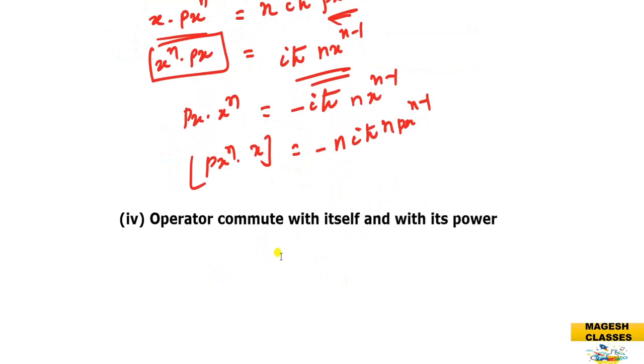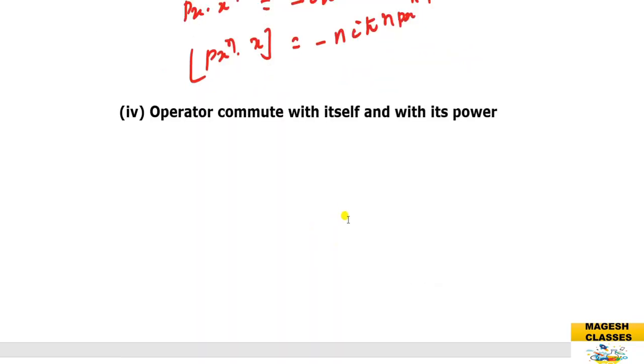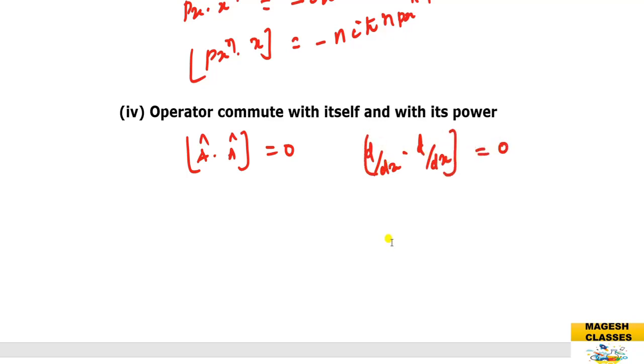Next one, operator commutes with itself and with its power. Any operator commutes with itself. So the commutator of A with itself is equal to 0. Otherwise d by dx, this commutes and is equal to 0. So the operator commutes with itself, it is 0.